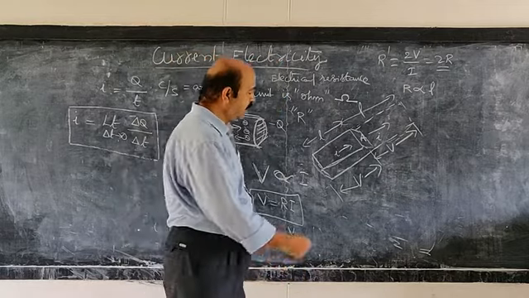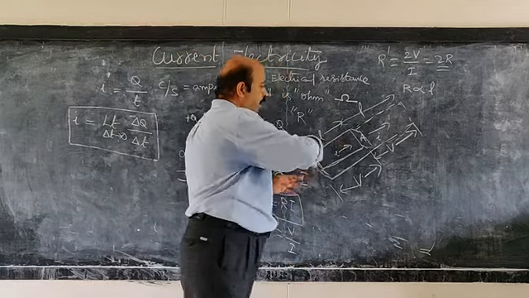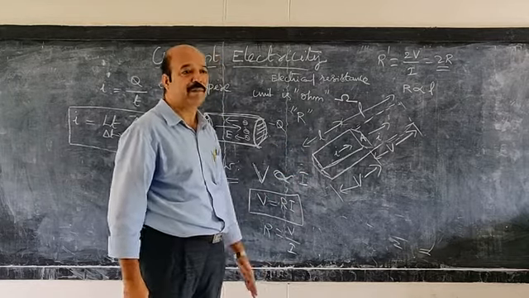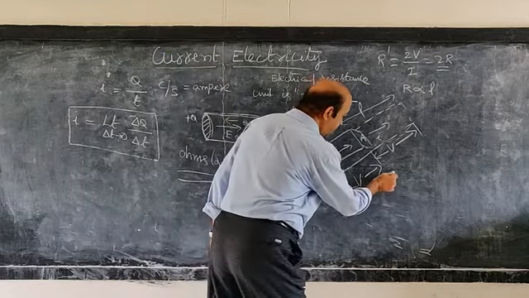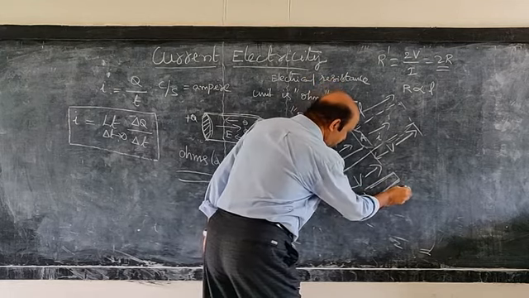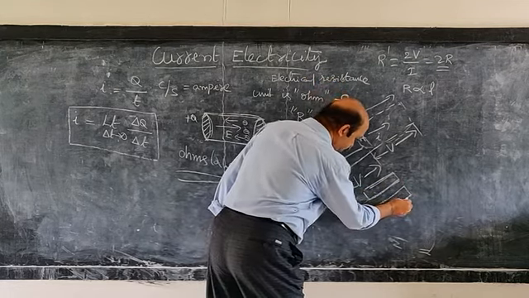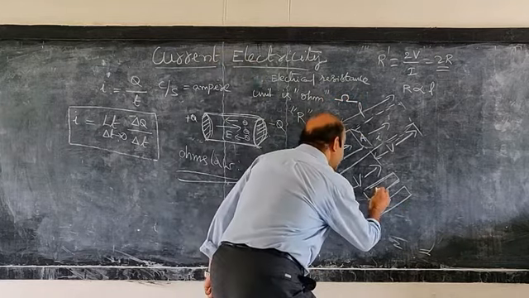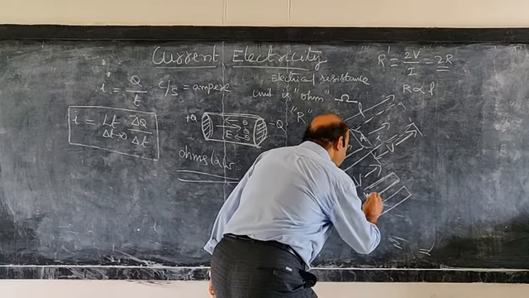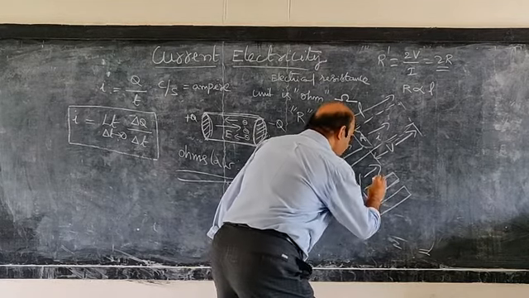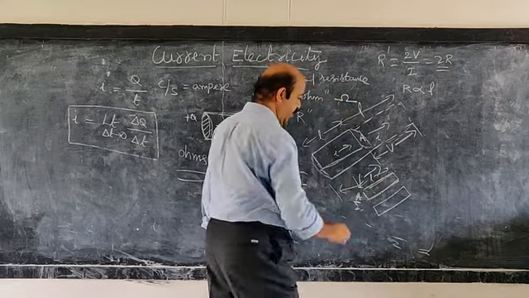And another thing is, you cut the conductor along its length such that the area becomes half. So you cut this rod into 2 pieces of equal area of cross section, and suppose the area has become A by 2 and the length is same.